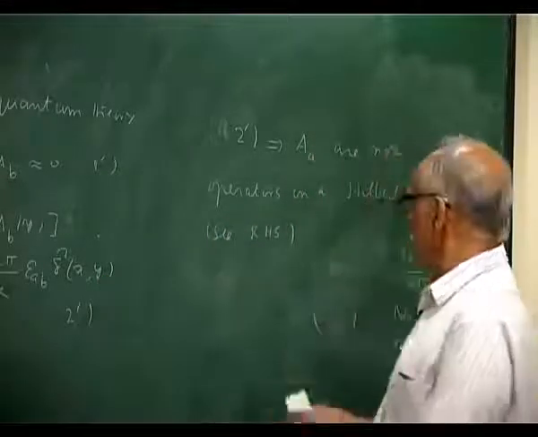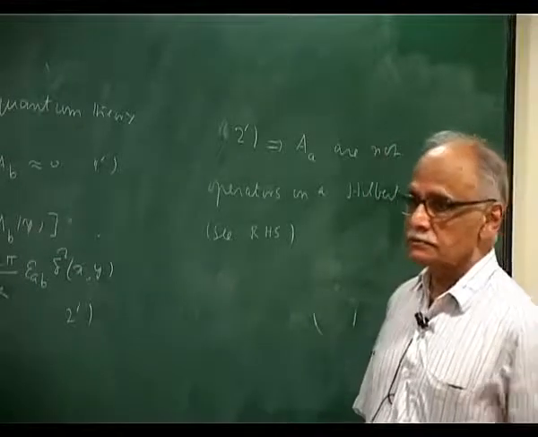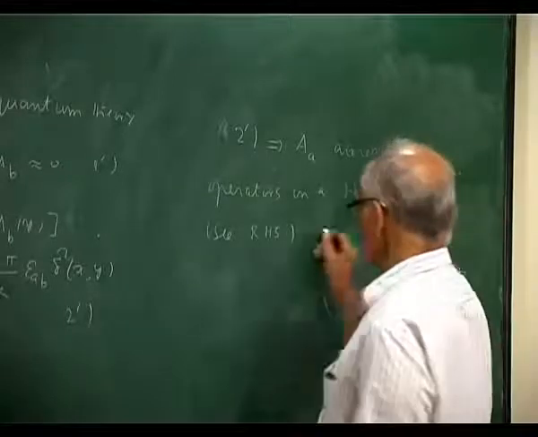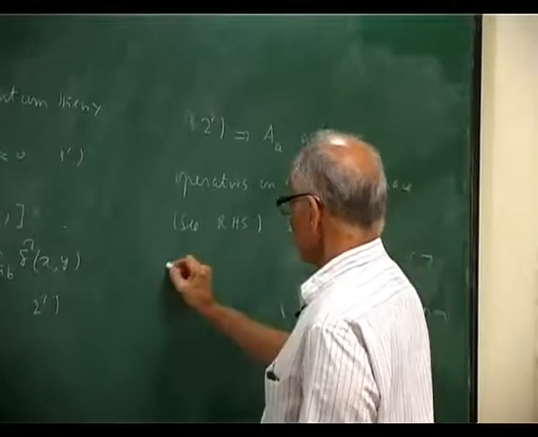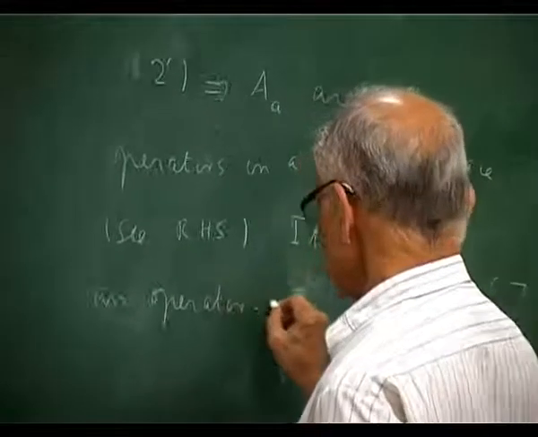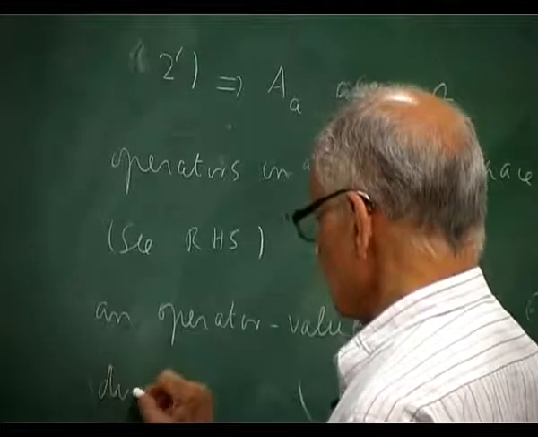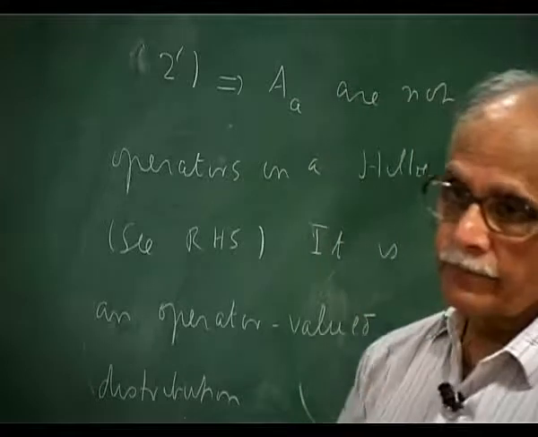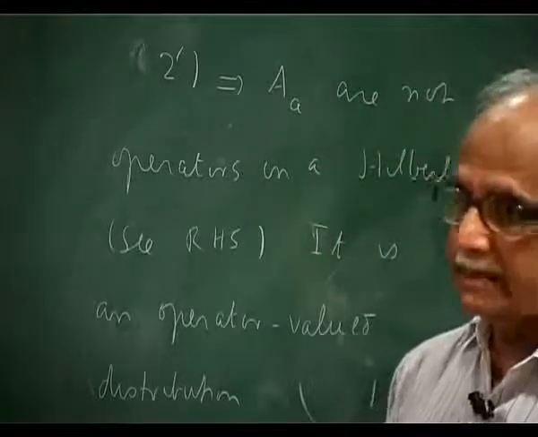A delta function is no operator on anything, it is a distribution. So it is an operator-valued distribution. I had to smear it with test functions to get anything sensible.